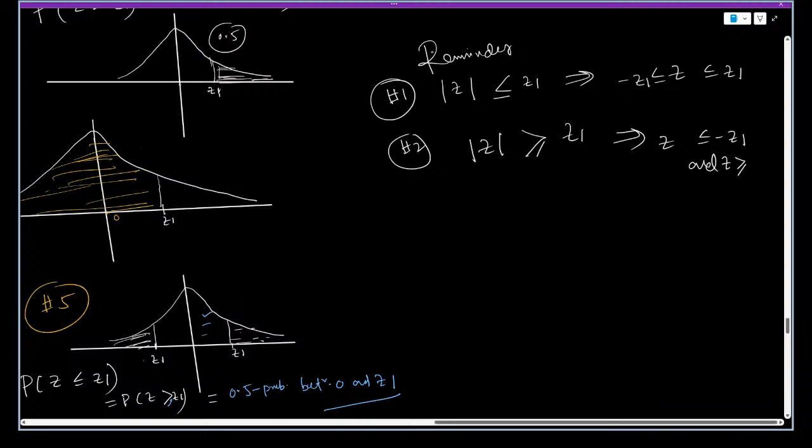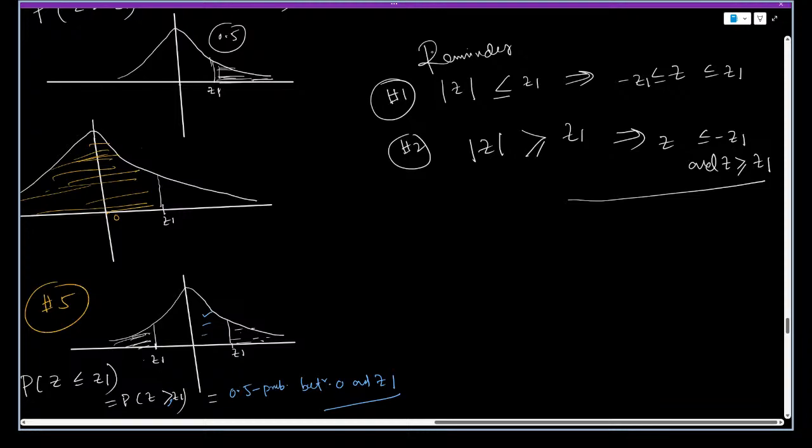And |Z| > Z1 implies Z ≤ −Z1 or Z ≥ Z1. If you remember these two concepts, which you have already done in inequalities in 11 and 12, then it will be very convenient for you to calculate the probabilities.